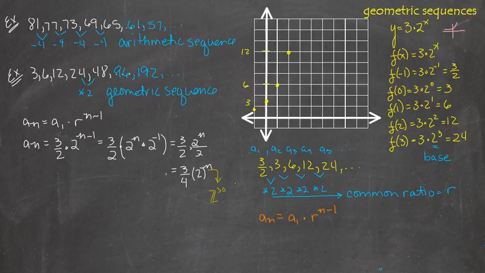So let's look at what happens when I plug in. I can't plug in -1 and I can't plug in 0. The first integer I can plug into my new formula is a +1. Let's see what I get out of that. So a sub n equals 3/4 times 2 to the first power.